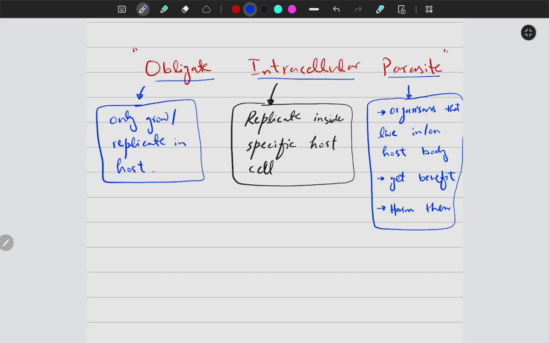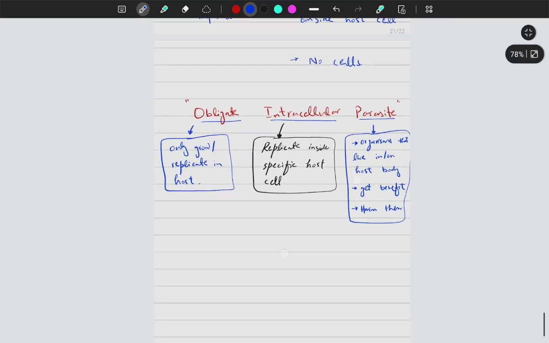There's another category of parasites which are called facultative parasites. You can grow them outside the host cells, you just provide them with food and they would start growing. They're not 100% dependent on the host, but viruses are 100% dependent on the host.